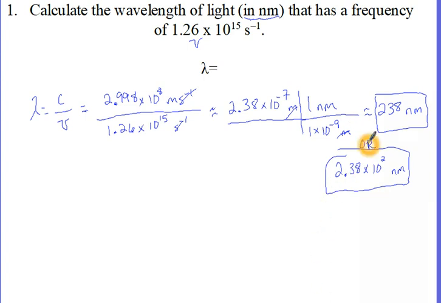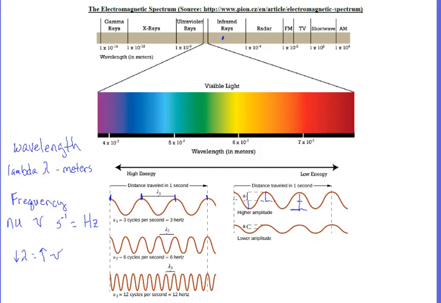And again, you could look back at your particular diagram. If you were looking at the meters portion right here, 10 to the minus 7, and if you wanted to see what type of light that was, what type of radiation, you could scroll back to my picture, 10 to the minus 7.